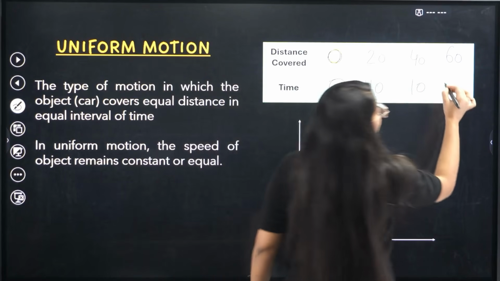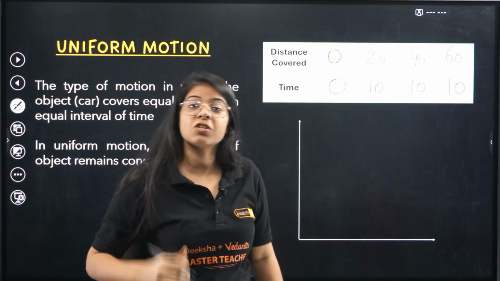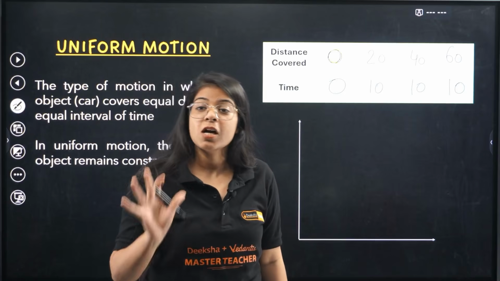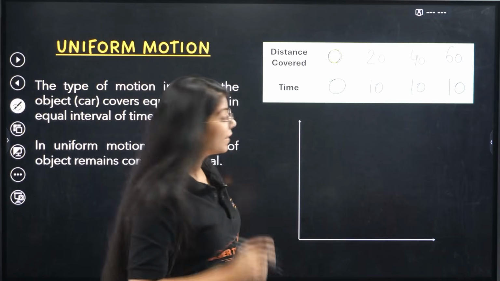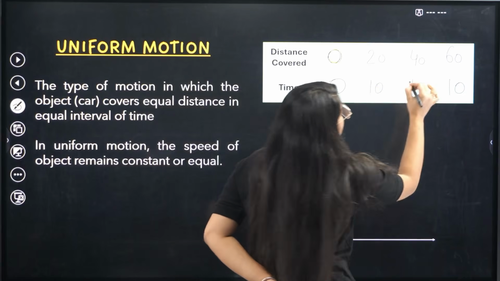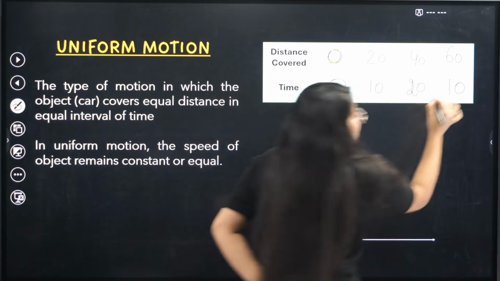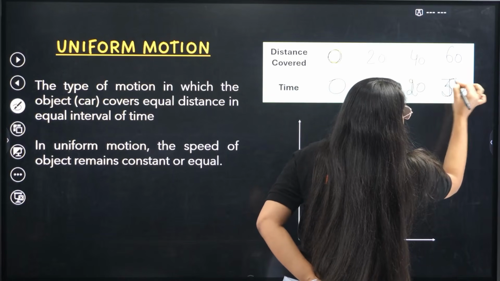Then after another 10 seconds, the bus reached the house that is 60 meters away. Understood? So the time was 10 seconds, plus 10 seconds, this will be 20 seconds, plus 10 seconds, this will be 30 seconds.